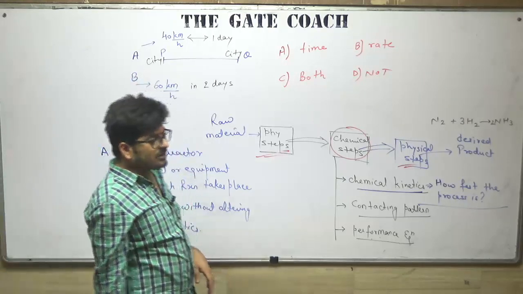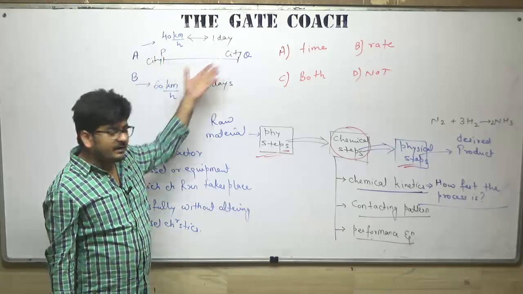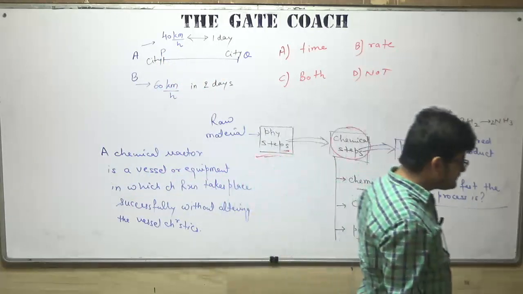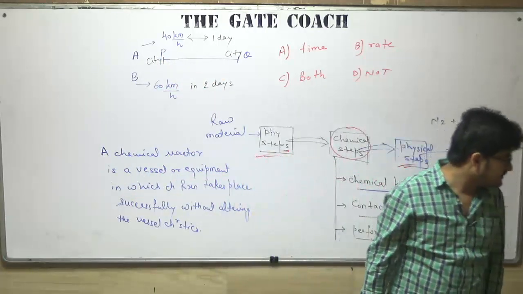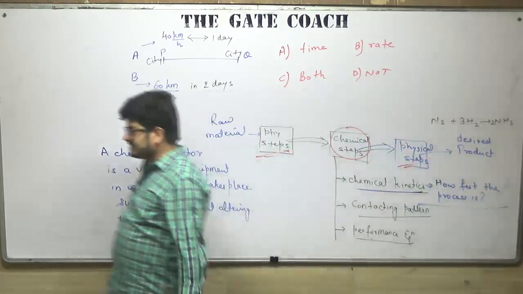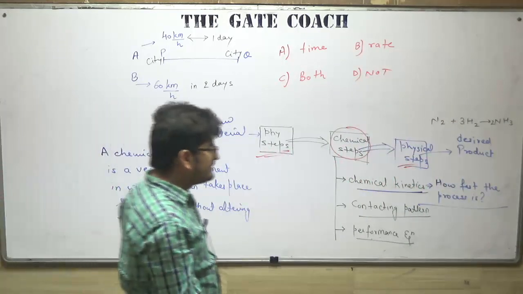And if you talk about the time, then A reaches in 1 day, B reaches in 2 days. So tell me, who is fast? A or B?